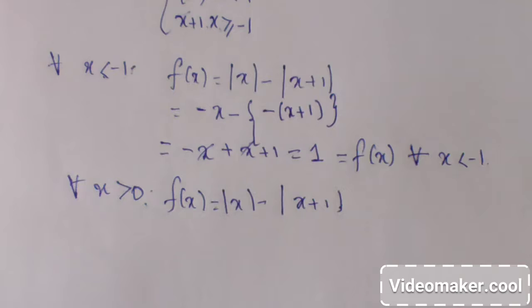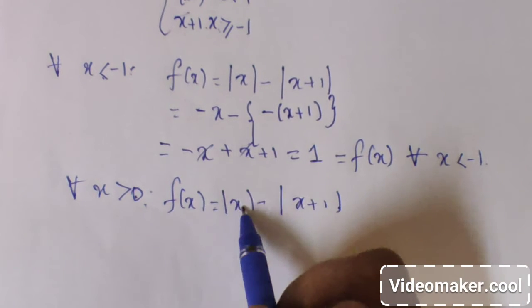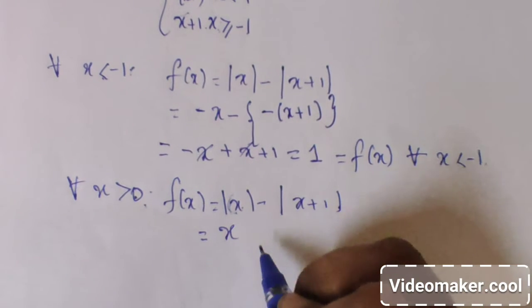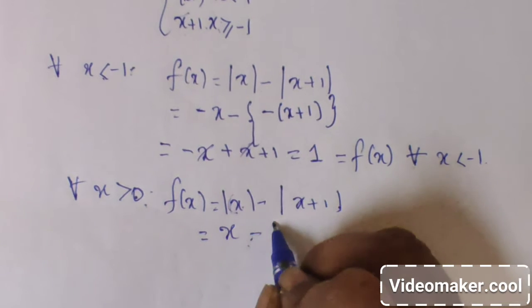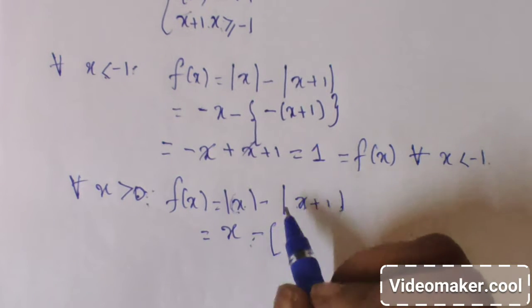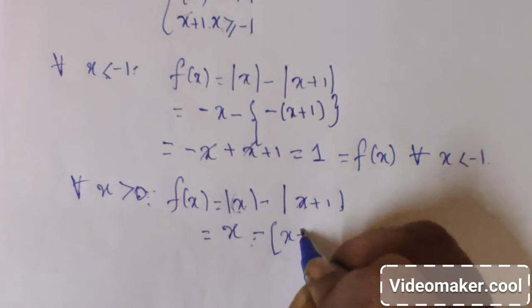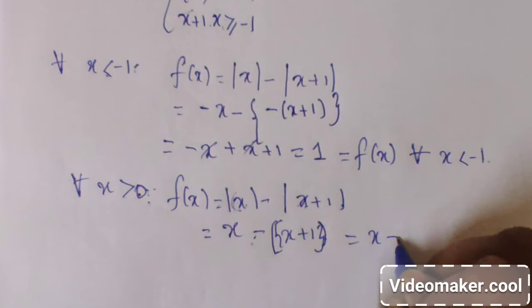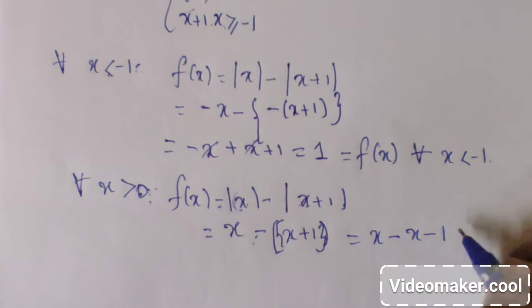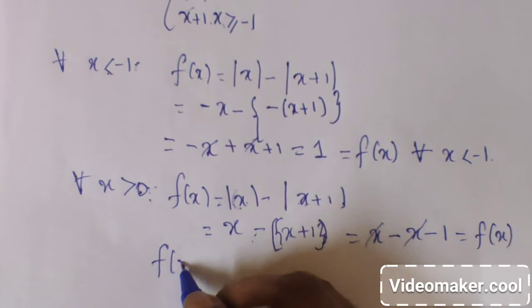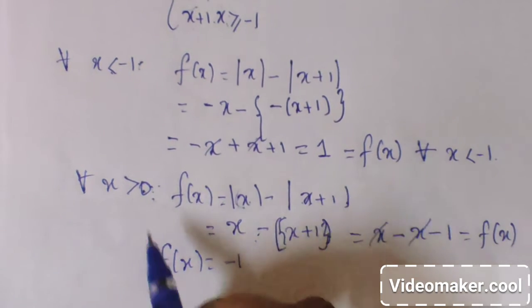In this case the inner terms are positive, and when we have positive terms we write them as they are. So we get x minus x minus 1; the x terms get cancelled, so we get f of x as minus 1. Again it will be a constant when the values of x are greater than 0.